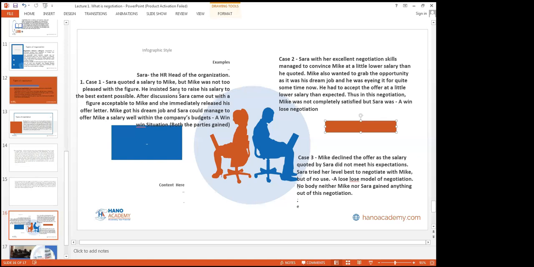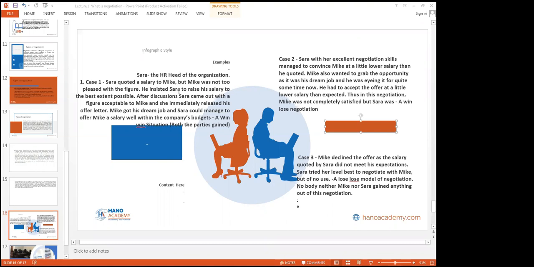I don't think you will go for the 300 USD and leave your current job of 500 USD. Even if you are arguing over this, you want to discuss the salary scales.